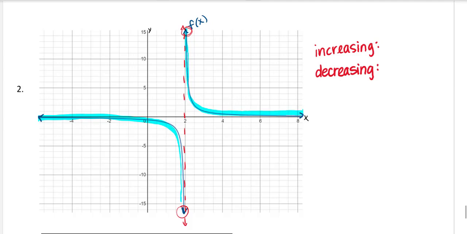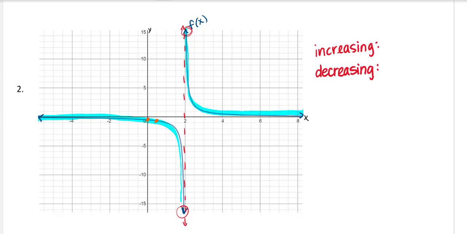At no point is this function increasing. For example, if you look at one particular x value and increase your x value, your function is never getting larger. It's getting smaller. The next x value would not have a larger y value than the previous one. As you look left to right, you're going down all the time.